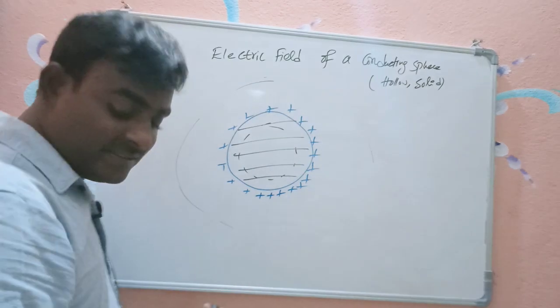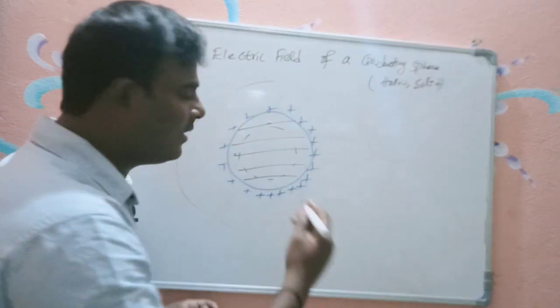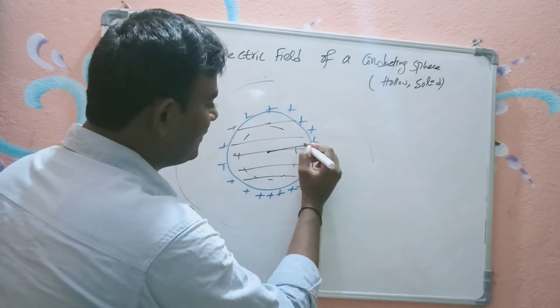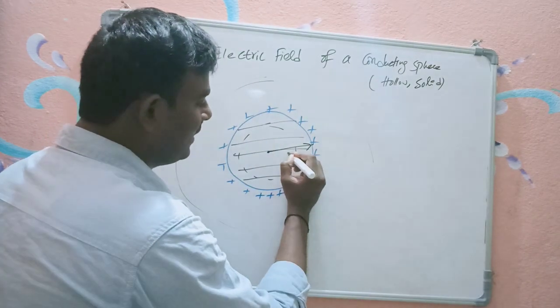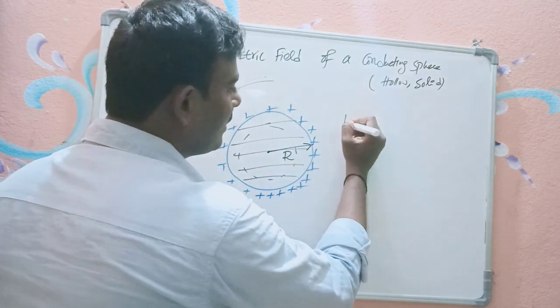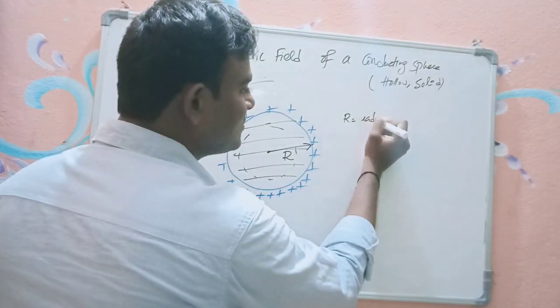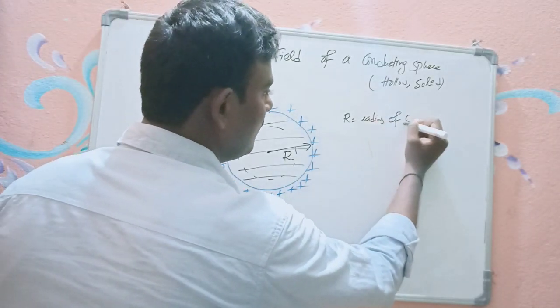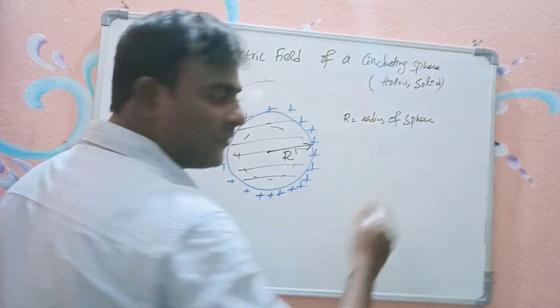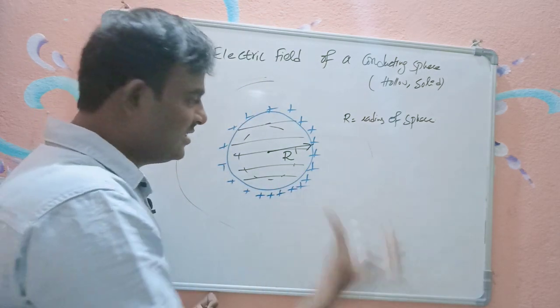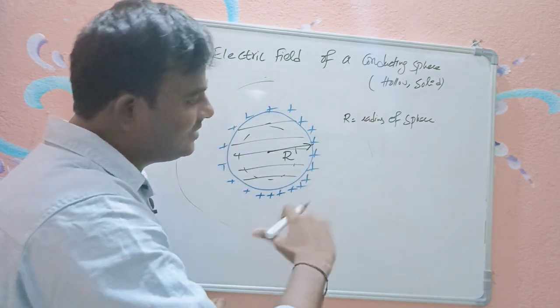So how can you represent the region inside the sphere? For example, capital R is the radius of this sphere. How can you differentiate the region inside the sphere from the region outside?